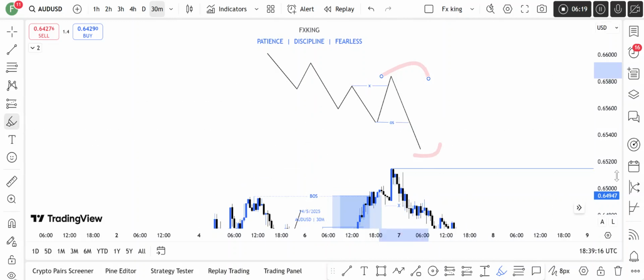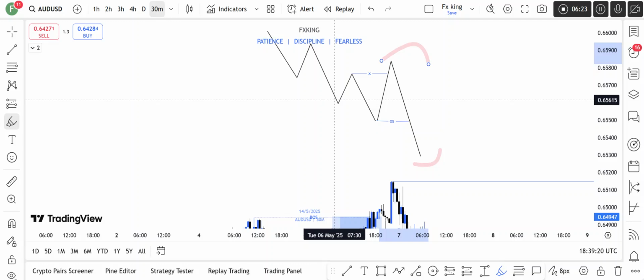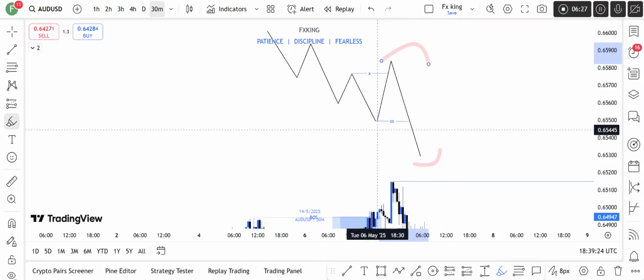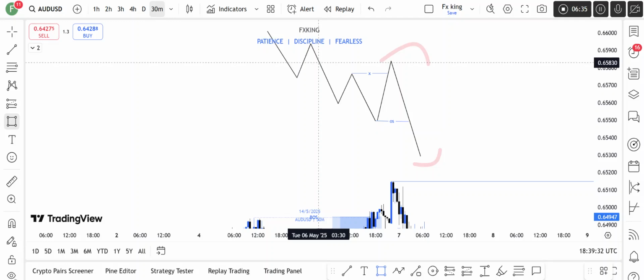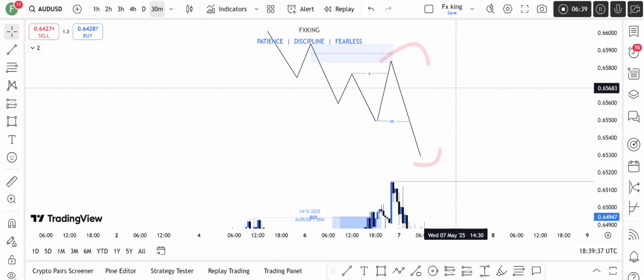So now, what can you use this inducement to do apart from verifying a break of structure? If you want to sell off this market, you can wait for the market to take out the first pullback, and maybe look for a point of interest on the second pullback to sell off from.